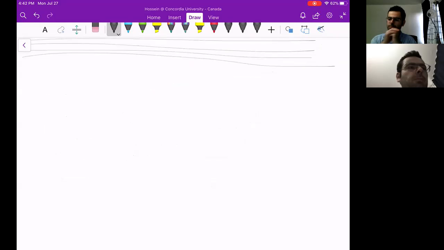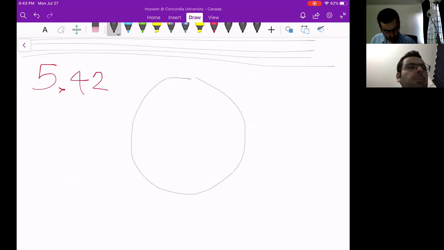So the next problem would be 5.42. There is a rotating system like this.